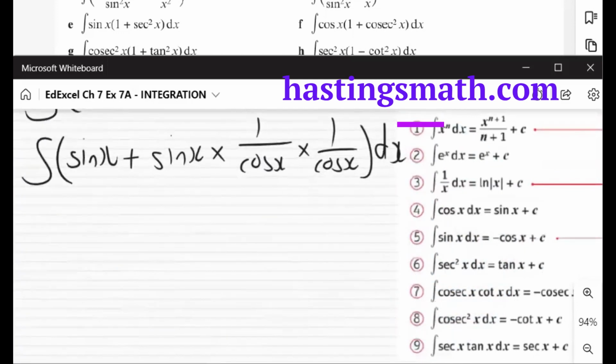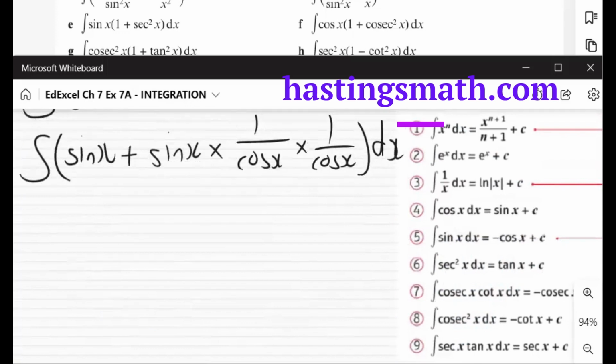There you go. What we're wanting is for it to look like one of these on the right. So if I'm looking at this, this is actually sine over cos, which is tan. And then if you have tan x sec x, 1 over cos is just sec.